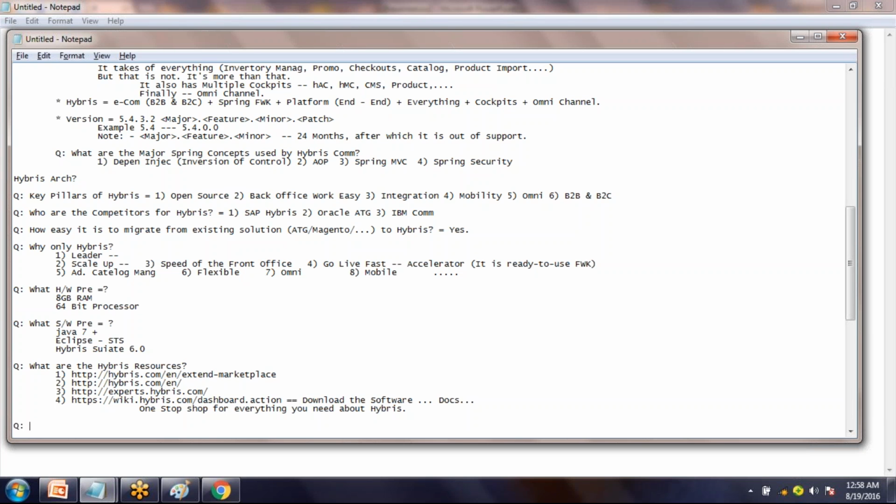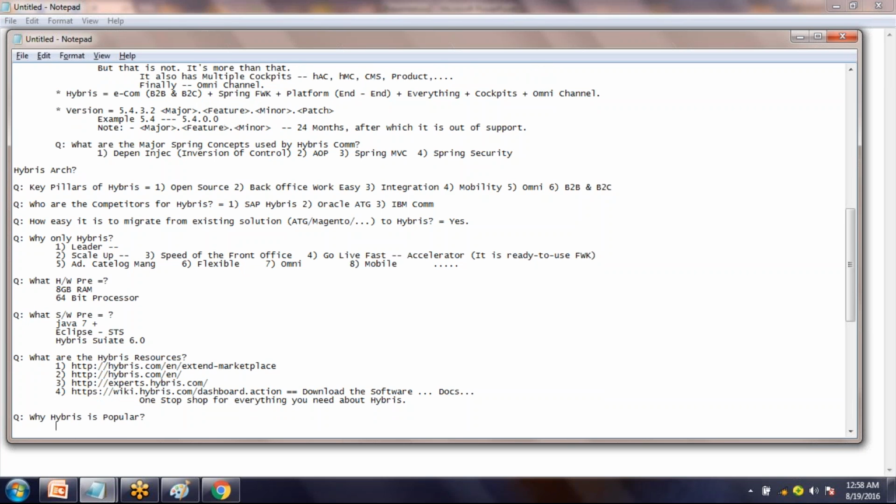Next question, as I said: why is Hybris popular? We already talked about this. The first one is back office work. Back office work can be done very easily because Hybris provides cockpits. There are so many cockpits, as we talked about previously.